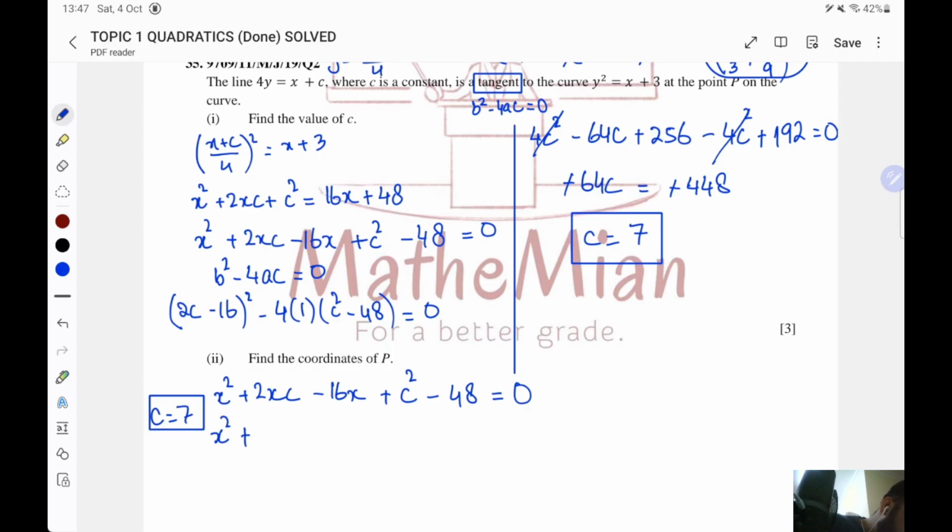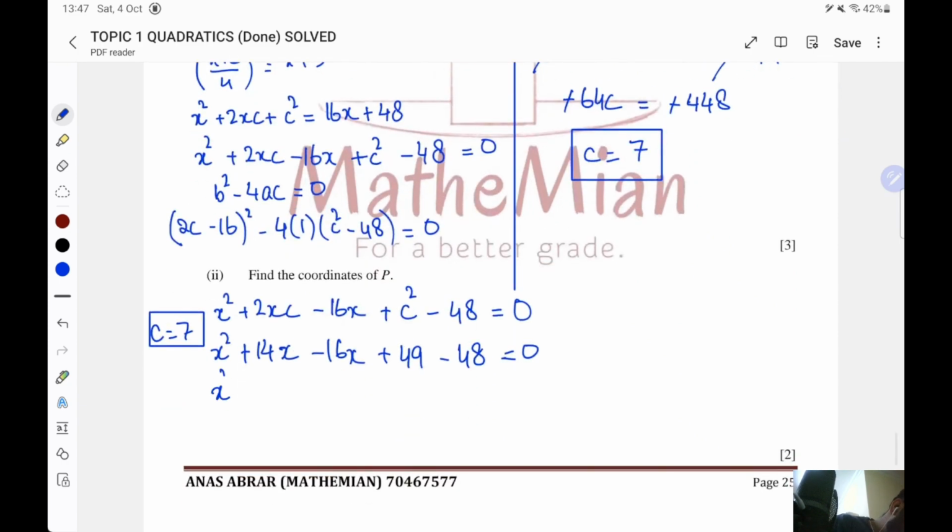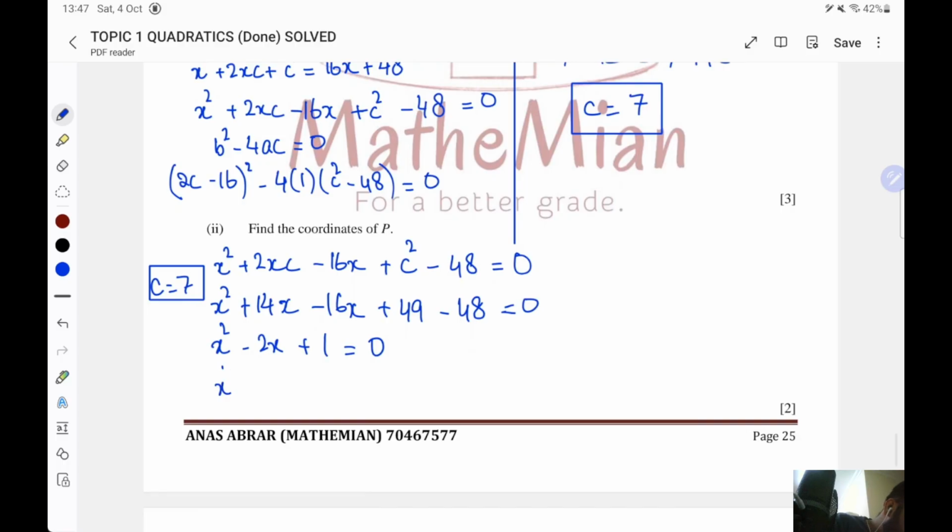So it is x square plus 14x minus 16x plus 49 minus 48 equals 0. So x square minus 2x plus 1 equals 0. So the two brackets that we will have are x minus 1 and x minus 1.